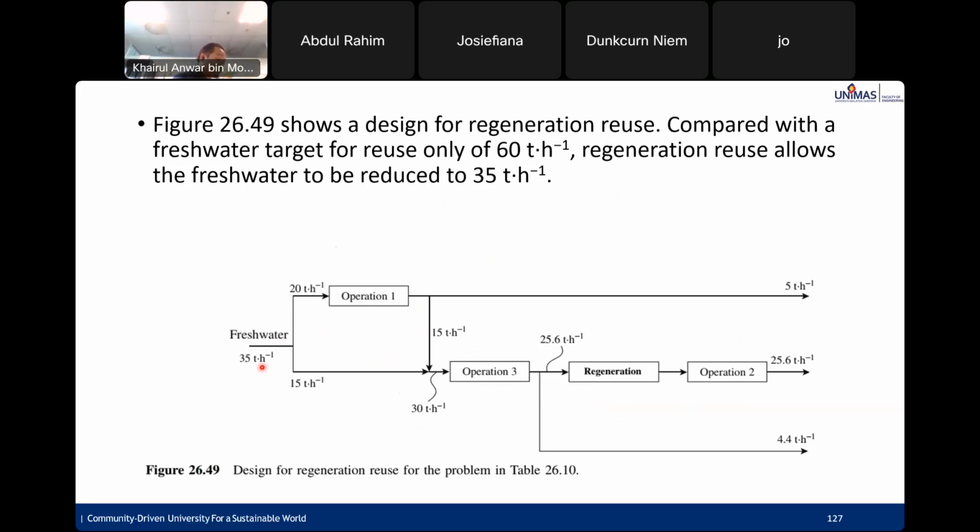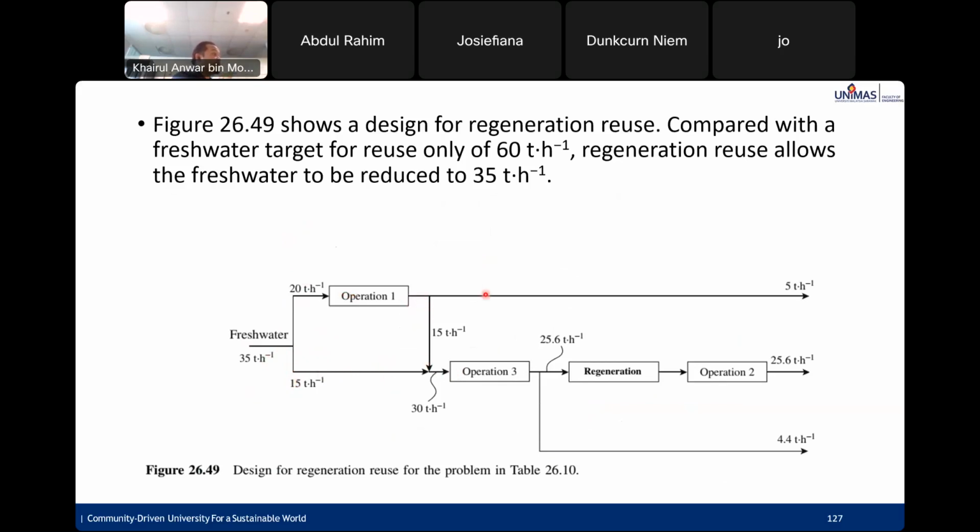But if you choose to regenerate for reuse, only 35 ton per hour is required, a significant reduction, a significant saving. So from operation 1, we save 20 ton per hour here, 15 ton fresh water.